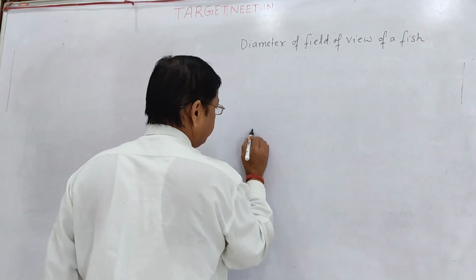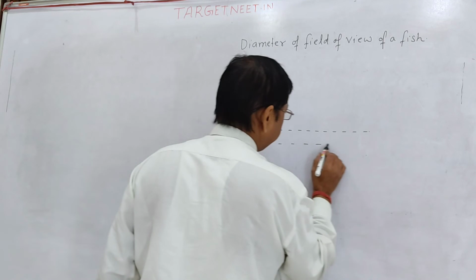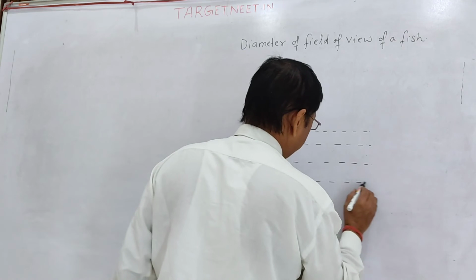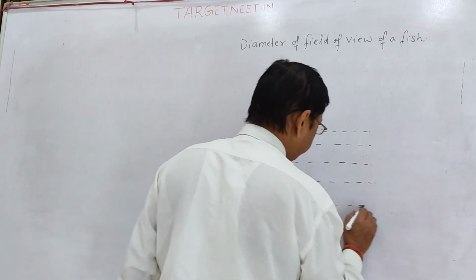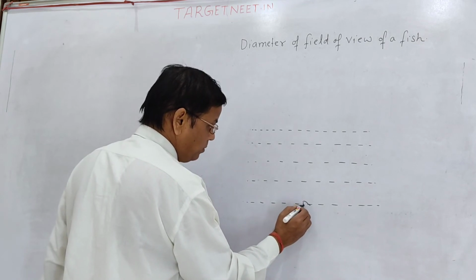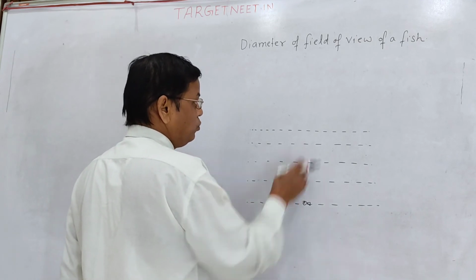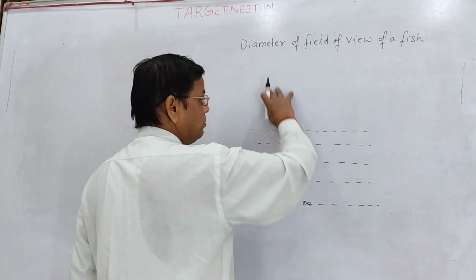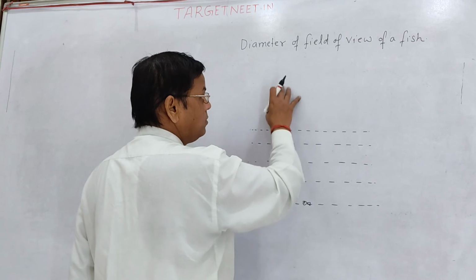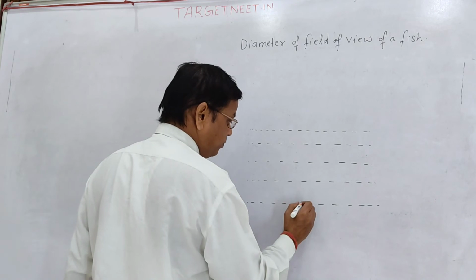Suppose this is clear water, and there is a fish here. If the fish wants to see in this region, what is the radius above which things in air are visible to this fish, that we are going to find.